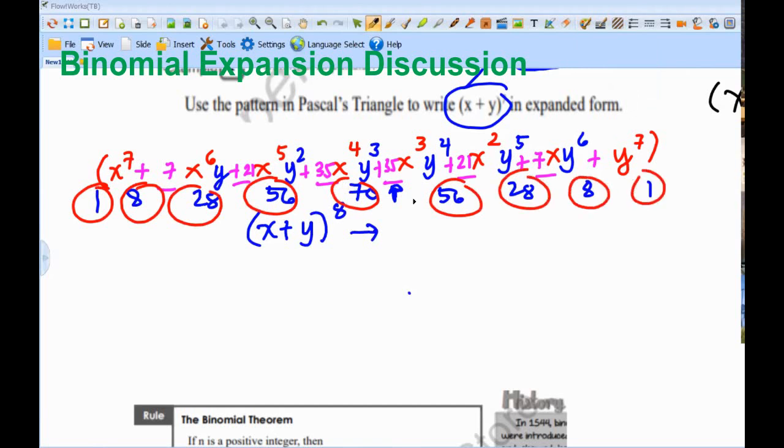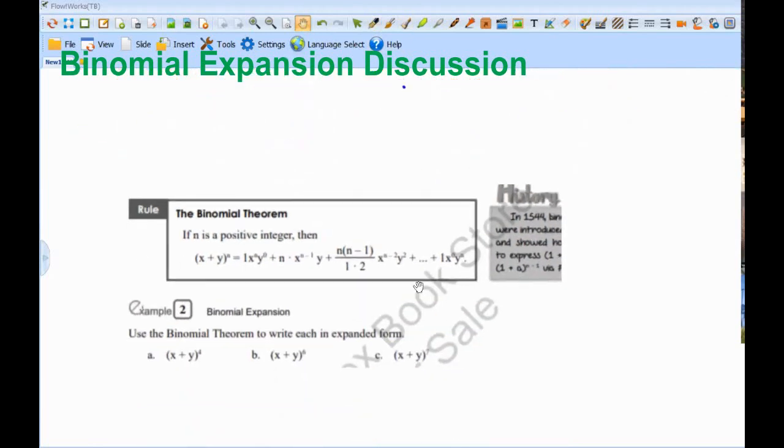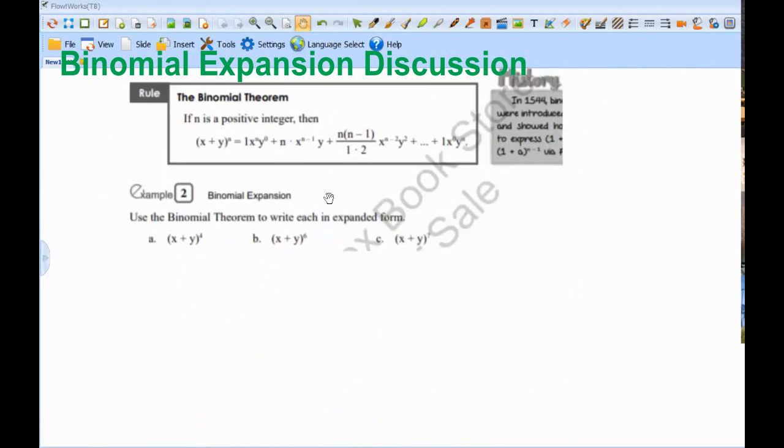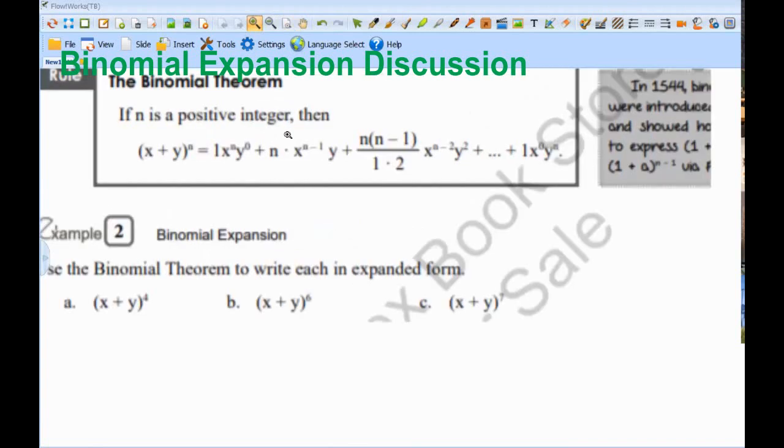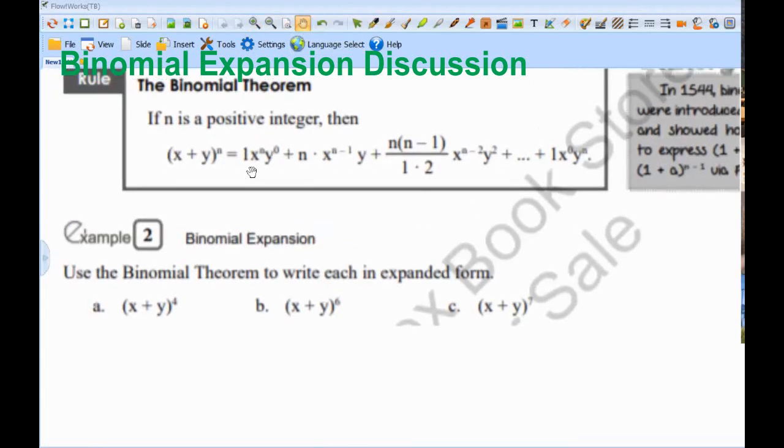Right? Okay, so if you got those, now let us go to this formula. If n is a positive integer, then the value would be 1 x raised to n, y raised to 0, plus n times x to the n minus 1 times y, plus n times n minus 1 over 2 times x to the n minus 2 y squared, and so on.